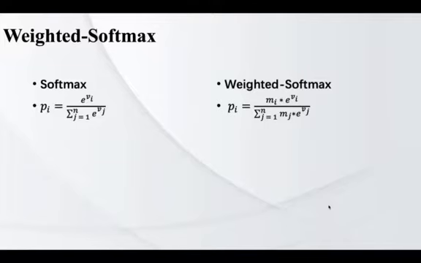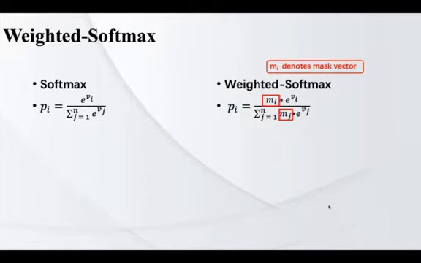If we use the initial softmax function as on the left side, the model may output a pronunciation which does not belong to the input polyphonic character, and in this way, the TTS system would cause additional errors. So to address this problem, we add a mask vector in the initial softmax function, and that is our Weighted-softmax.